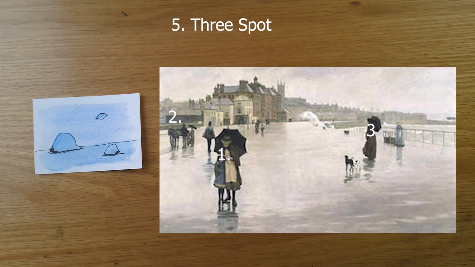And then you've got the second one, the person on the right, and then the third one is this carriage and the person there. So this provides a kind of hierarchy, but it also provides an order in which you're supposed to look at the scene: 1, 2, and 3.